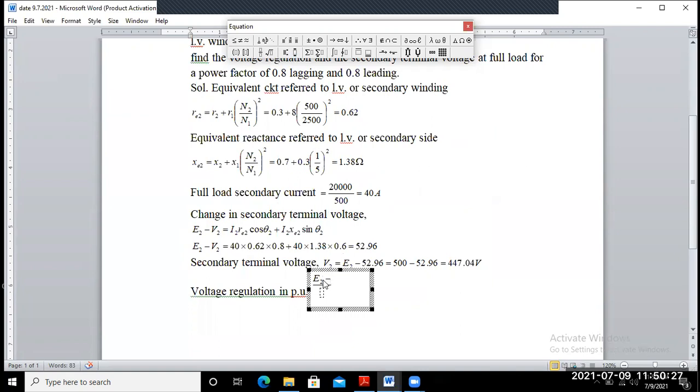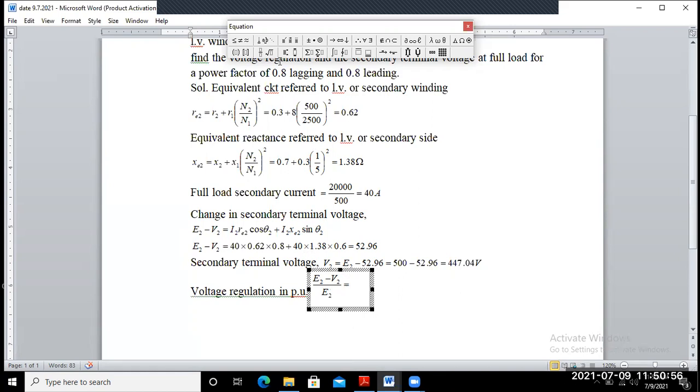So put the value of E2 minus V2, that is 52.96, divided by E2 equal to 500.